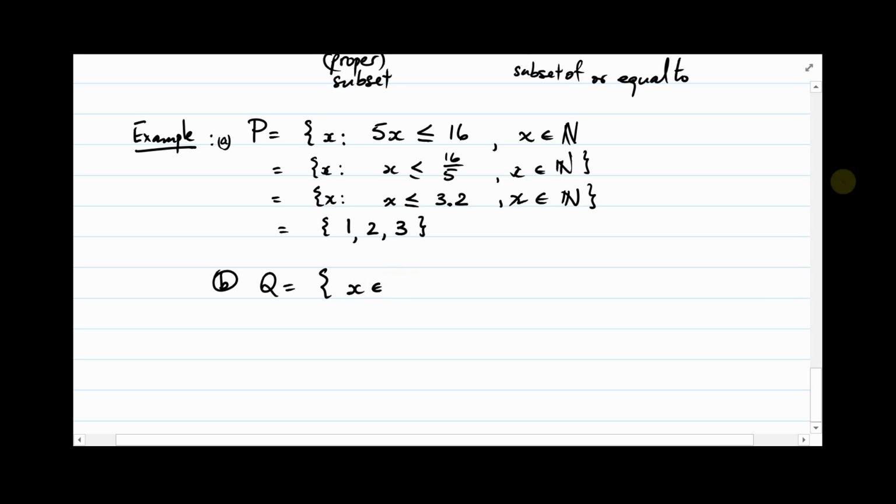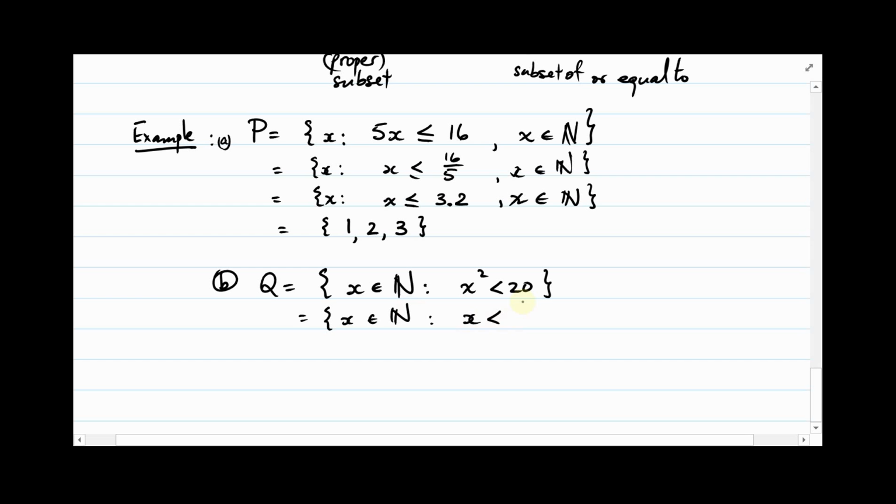Set Q is a set of natural x's such that x is a natural number, and x squared is less than 20. So of course, solving this would be taking the square root.